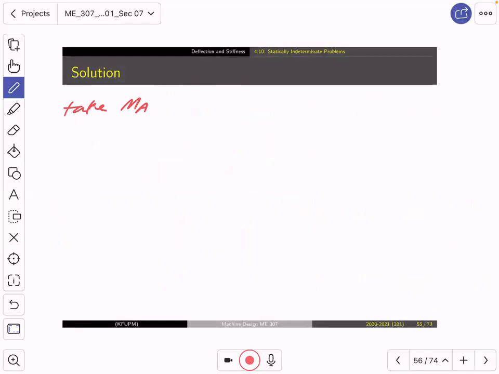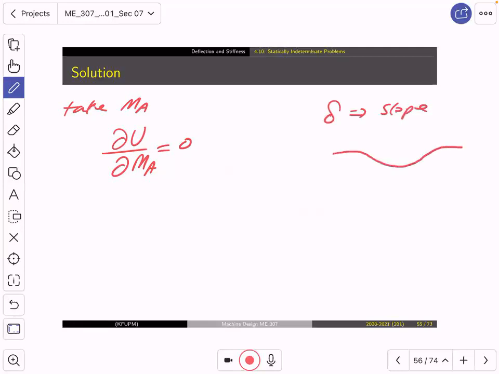What does that mean? We repeat the same steps, but we take the derivative with respect to MA, which equals 0. Why? Because when you take a derivative with respect to a moment, you expect to get the slope. Delta will be slope. Again, the slope is equal to 0, because for a fixed end, the deformation is going to go like this, and the slope for a straight line is 0.